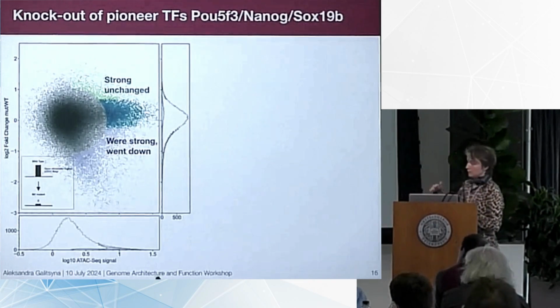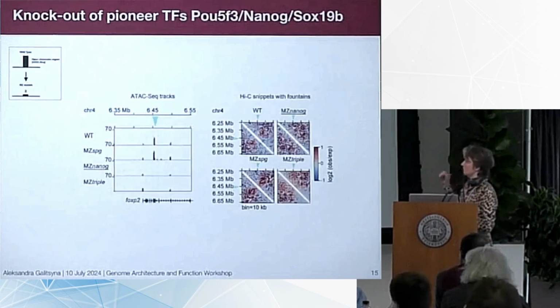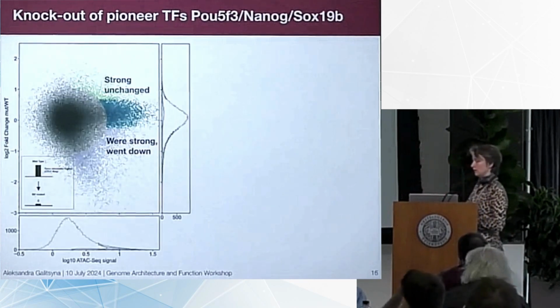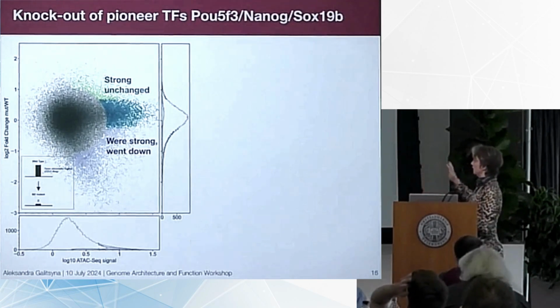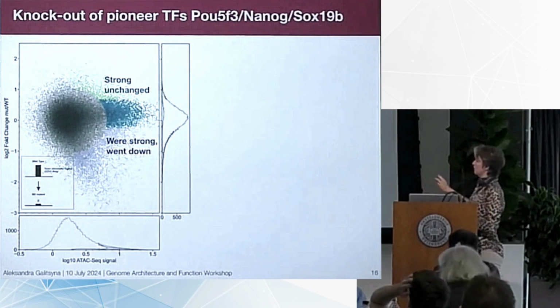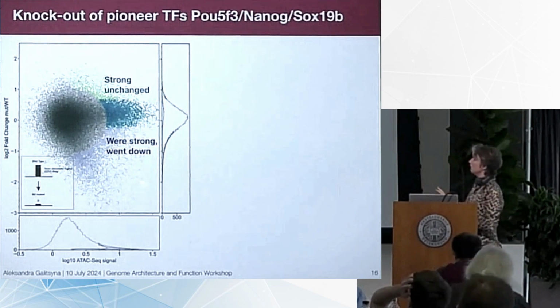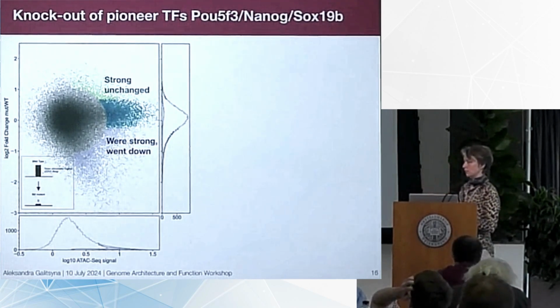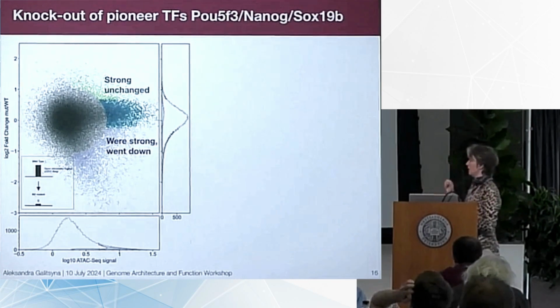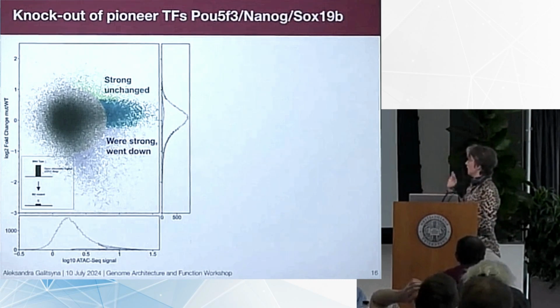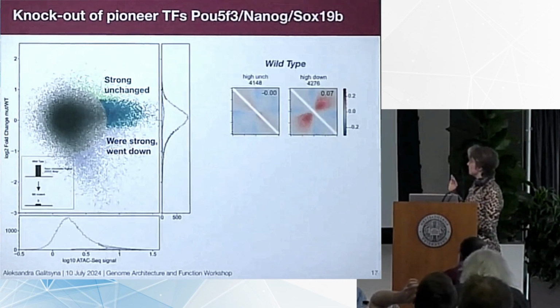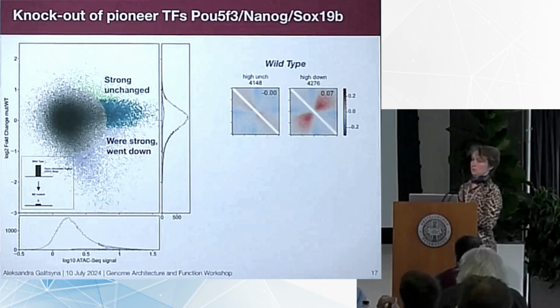And now, this was just one example, but if we take the whole genome data and deplete all the transcription factors, and we look at those open chromatin peaks that were strong, that were supposed to be important for activation of the zebrafish genome, and that went down during depletion of the transcription factors, it turns out that indeed those were very strong fountains.